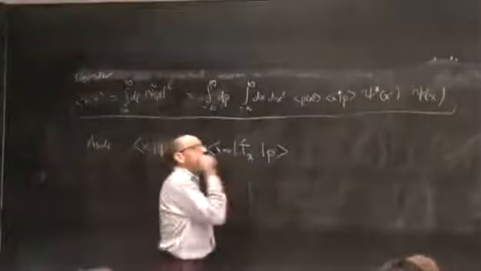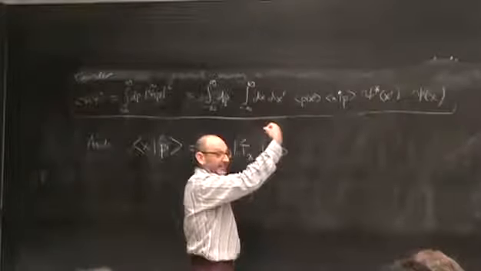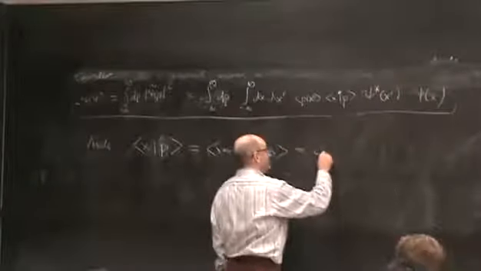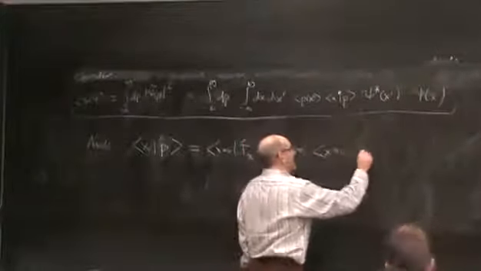But the translation operator, which has now been erased, was the exponentiation of something: e to the minus i over h bar p hat x.